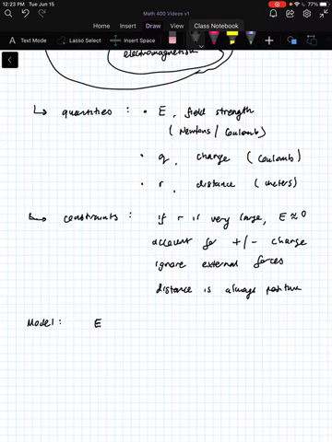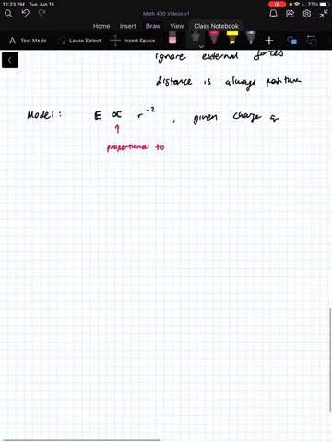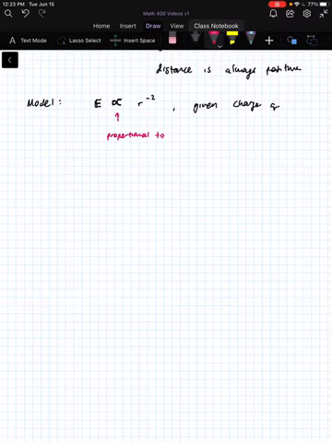so we find that electric field strength is proportional to, the symbol means proportional to, r raised to the negative 2 power, given charge Q. This is what we also call an inverse square law.